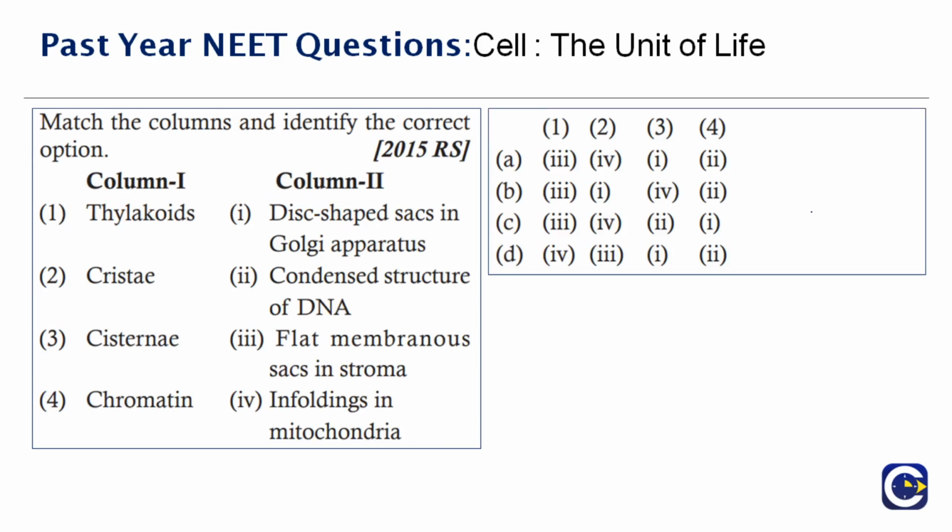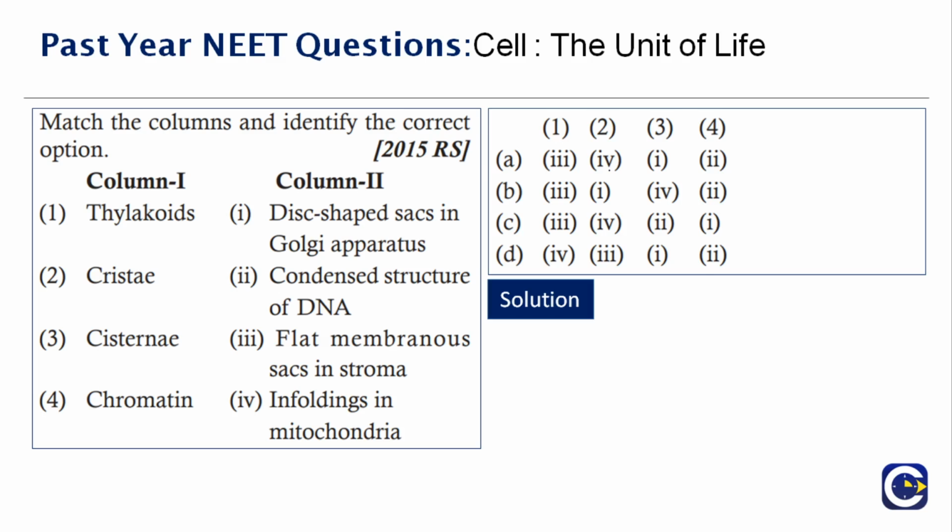This question was again asked in the year 2015. Okay, you need to match the columns and identify the correct option. Okay, you have different terms here like thylakoids, cristae, cisternae, chromatin. Now let's go one by one, right? So what do you mean by thylakoids?